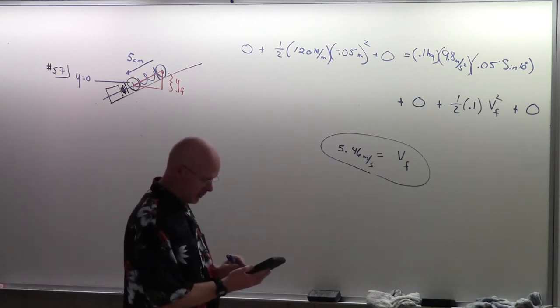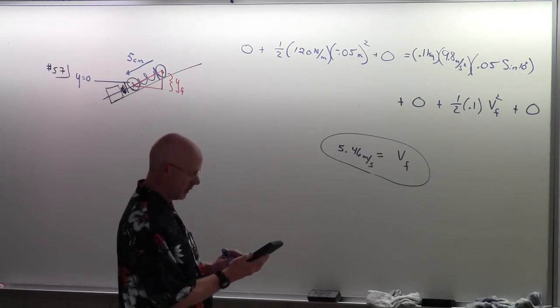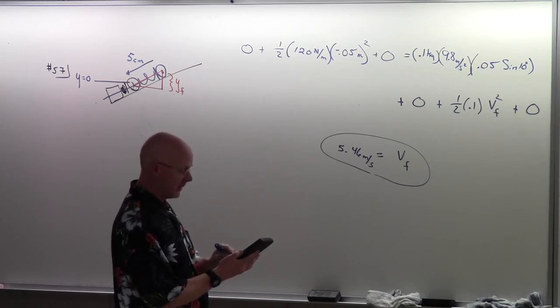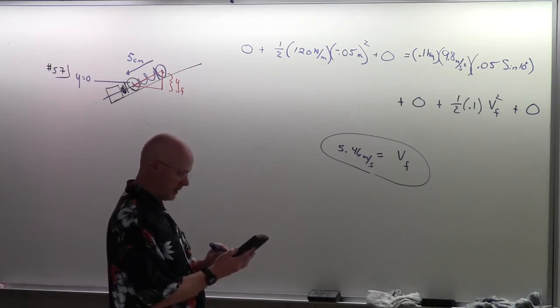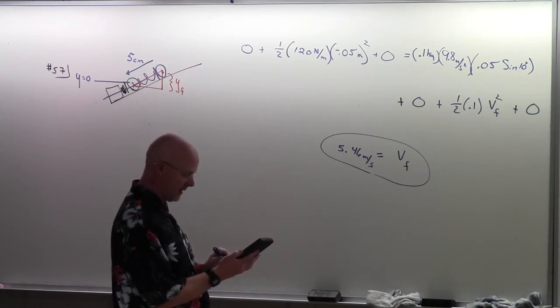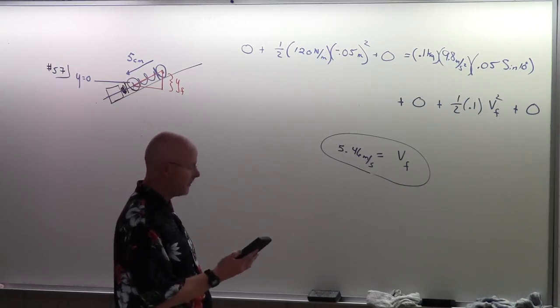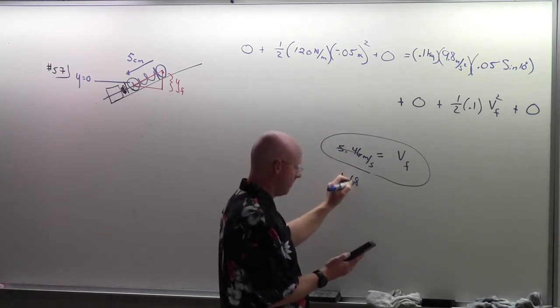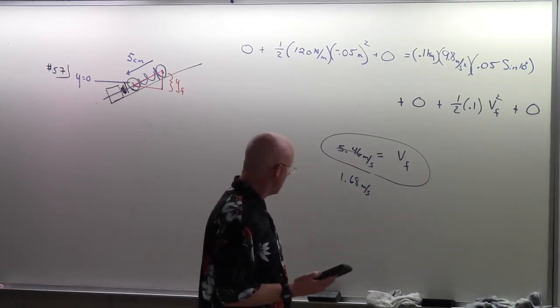Okay. I think I did hit something wrong. Minus 0.1 times 9.8 times 0.05 times sine of 10 degrees. Then times 2, then divide by 0.1. 1.68 meters per second.